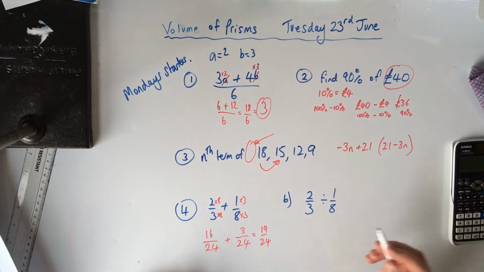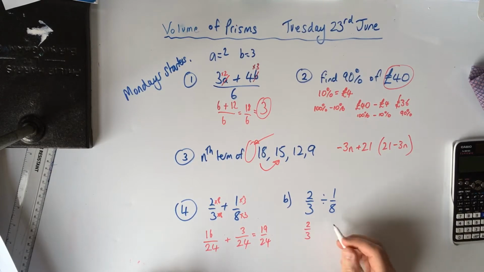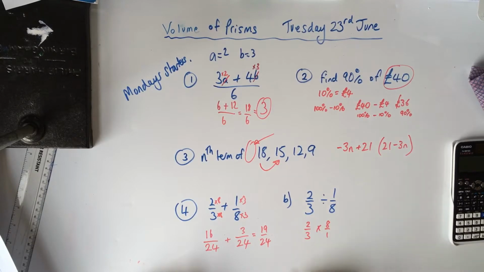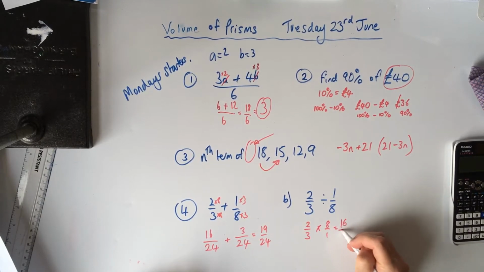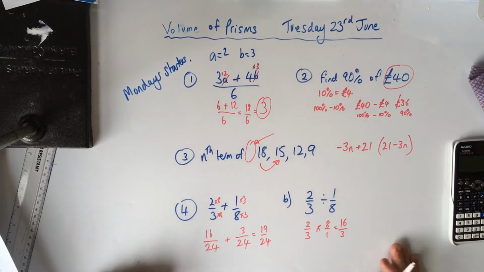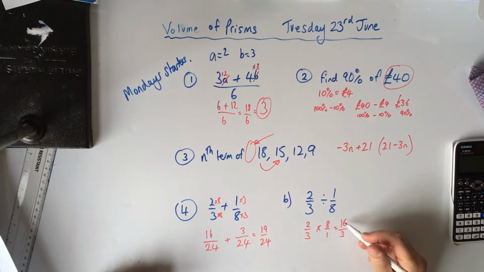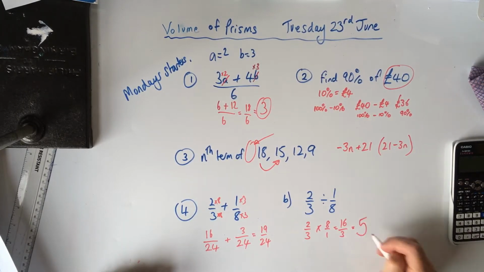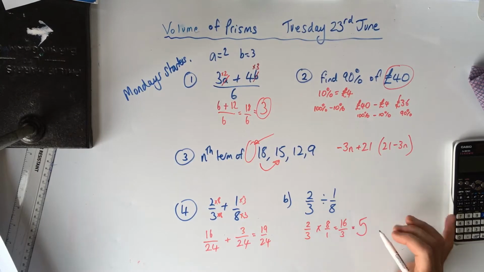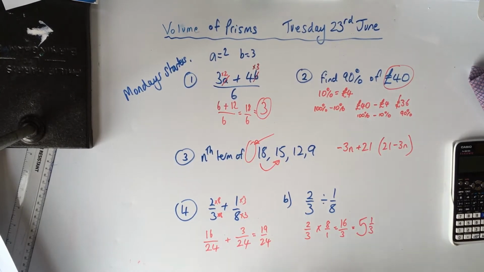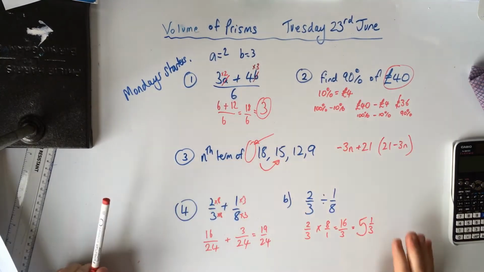Divide is divide, so that's KFC: keep, flip, and change divide to times. We get 16 over 3, just timesing across, no common denominators. How many times does 3 go into 16? It goes 5 times with 1 left over, so it's 5 and 1/3. Those were the starters from yesterday.